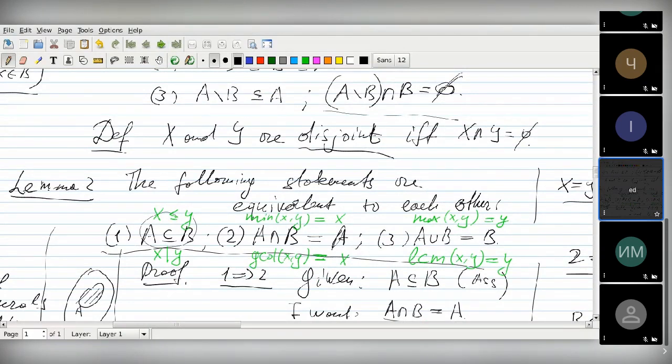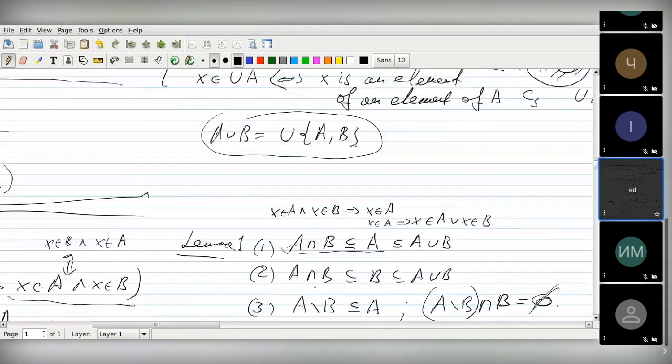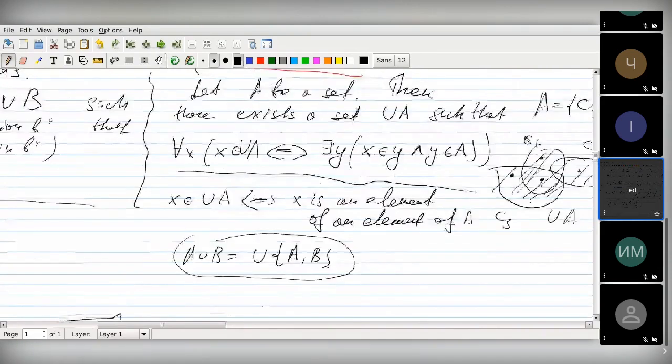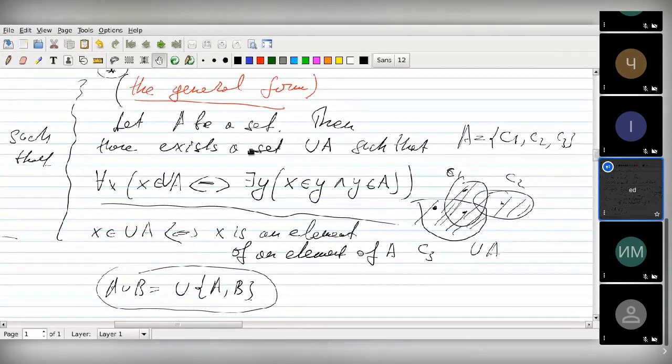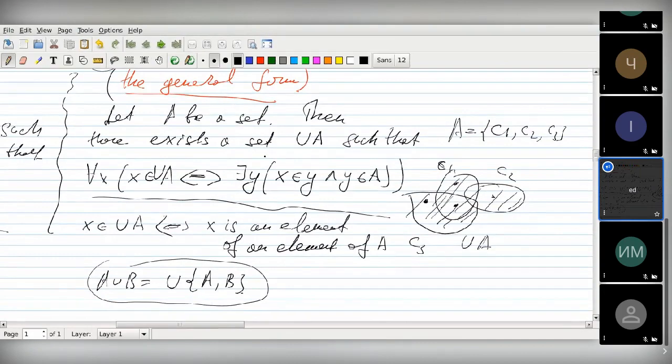Yes, excuse me. You were explaining the general form, and you denoted it by a star. Could you please explain that again? The general form of the set union. Okay. The main idea is as follows. Every set consists of sets. You know, everything is a set. That means that every set is a set of sets.